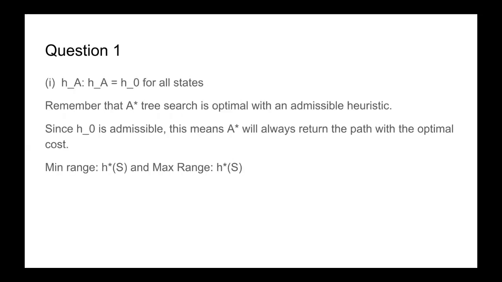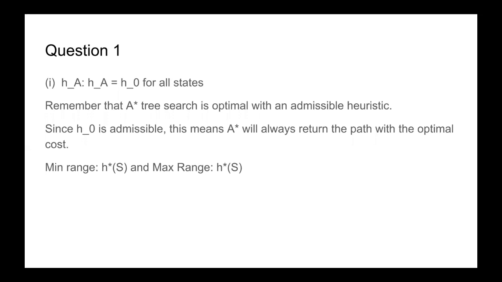If we look at the first one, where H sub A is equal to that arbitrary admissible heuristic, H sub 0, for all states, then H sub A is also admissible because it takes on the same values. We can use the fact that A star tree search is optimal with an admissible heuristic to show that since H0 is admissible, A star will always return the path with the optimal cost.